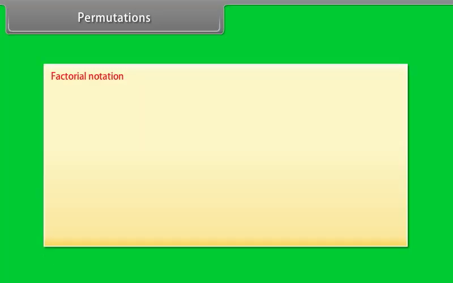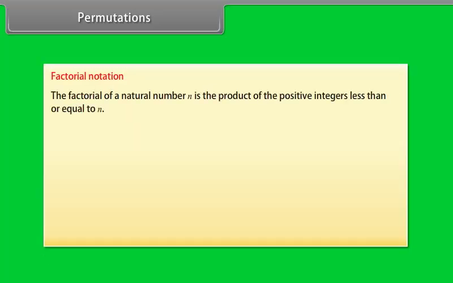Factorial notation. The factorial of a natural number n is the product of the positive integers less than or equal to n, 1 into 2 into 3 into 4 up to n minus 1 into n, which is equal to n factorial, and 0 factorial is equal to 1.